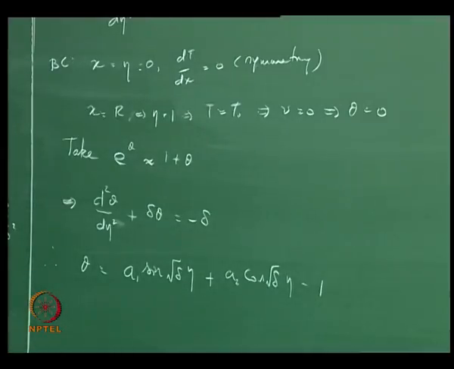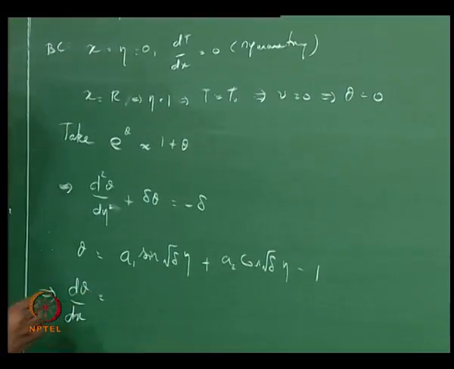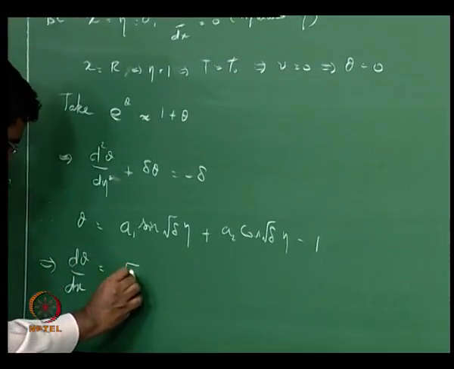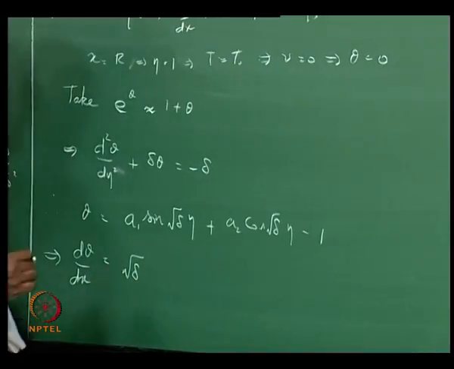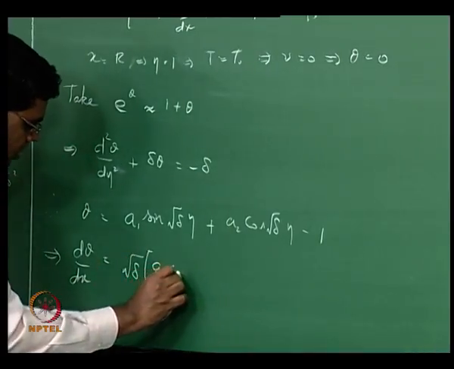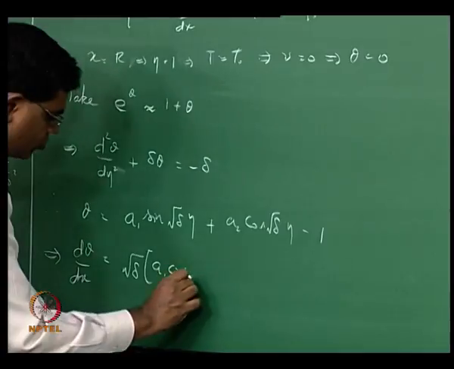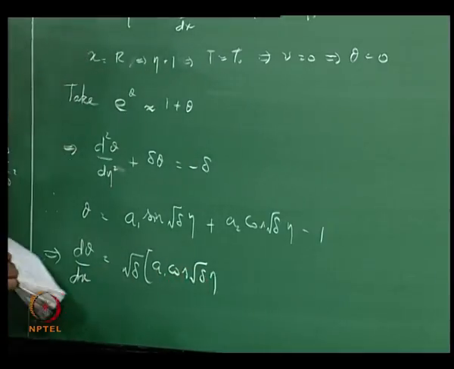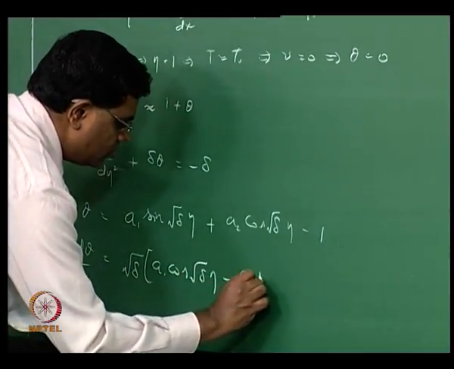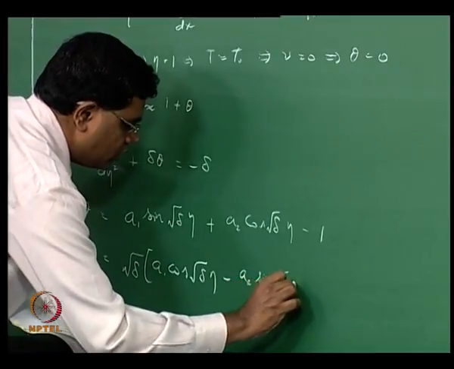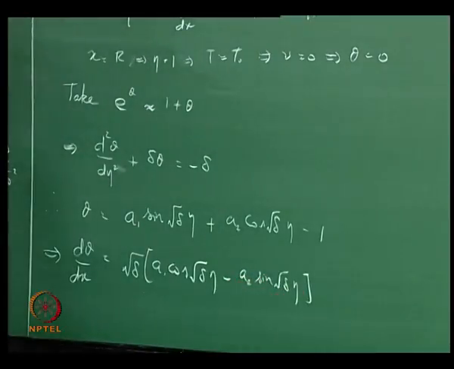So you have the complementary part and the particular integral there, and therefore you get d theta over d eta from here as square root of delta times a1 cosine square root of delta eta minus a2 sine square root of delta eta.